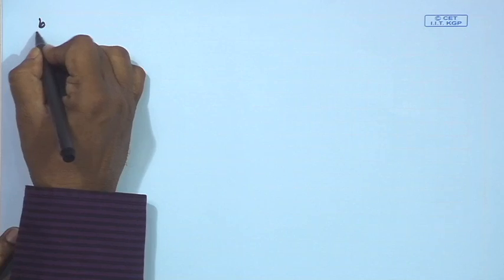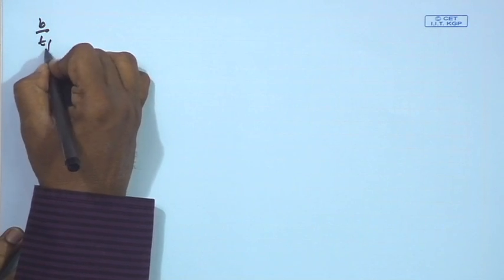Now, on the basis of this we will first classify the section, whether it is plastic, compact or semi compact. For that we first find the ratio B by Tf.